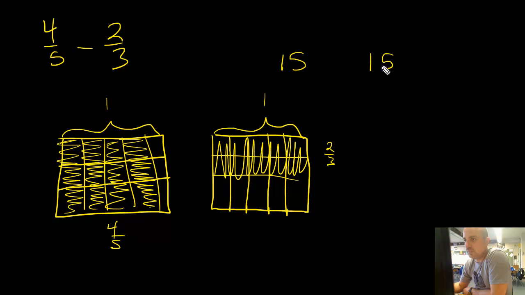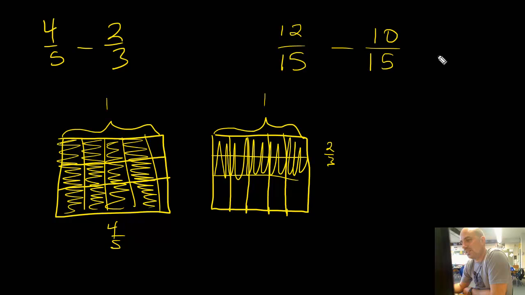I'm dealing with 15ths. I have only 1 row empty on this one. So I know it's 3, 6, 9, 12. I have 1 row empty here, which would be my 5. So I know that I'm dealing with 10 here, right? 2, 4, 6, 8, 10. 12.